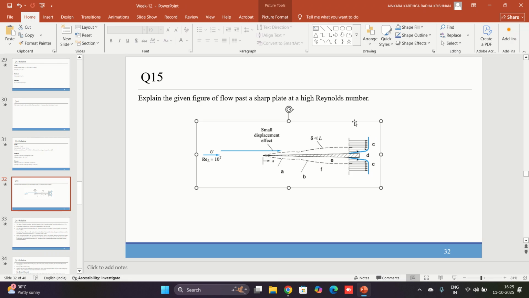Here it would have attained the free stream velocity by the time it reaches here, and here the velocity will be lower than the free stream velocity.